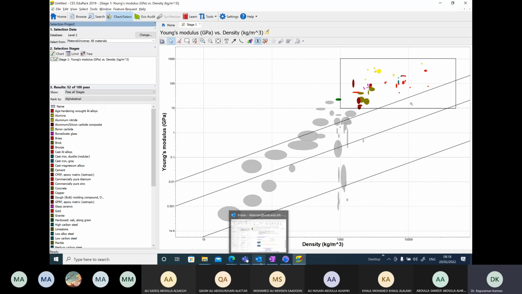We should be able to calculate the value here. In the same way, if I go to this point, let's suppose I know the log of the Young's modulus value and the log of the density value here. Based upon these two values, I should be able to figure out the slope. Okay, so in this particular example, I do not know exactly what the value is.